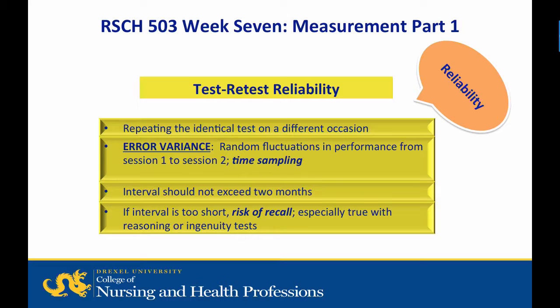This is referred to as time sampling. The interval between test or instrument sessions should not exceed 2 months, since maturation of subjects may otherwise influence results. If the interval is too short, there is the risk that subjects will recall their answers from the previous session. This is especially true when reasoning or ingenuity tests or instruments are being utilized.